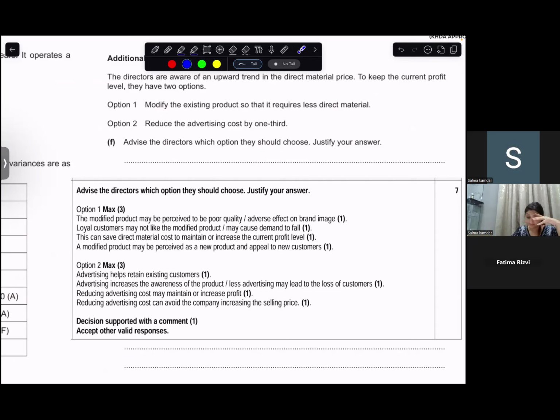Advantages are that because it's a new product, they can appeal to newer customers, and they can save the direct material cost because it requires less direct material.